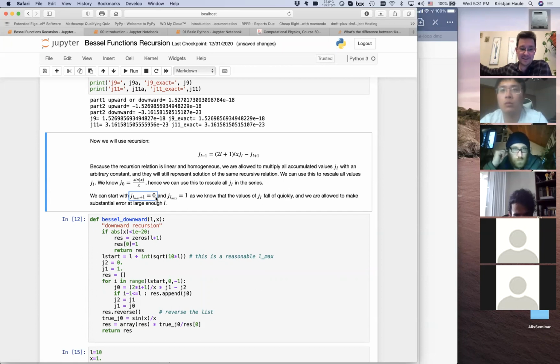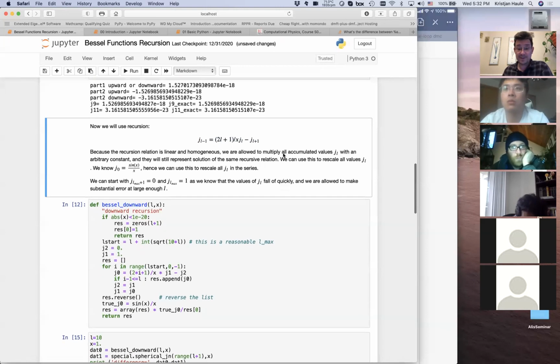And with J(L max), we can choose an arbitrary constant. We will set it to 1, but it doesn't matter what it is. Why? Because at the end of the day, we will renormalize the entire series in such a way that J0 is correct, which will guarantee that all other JLs are correct. We can do this because the series is homogeneous and linear. You know from math that this works.